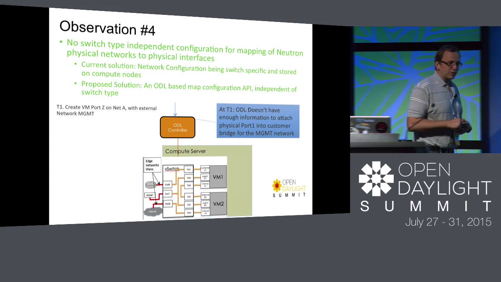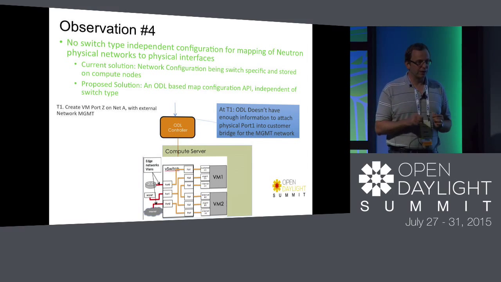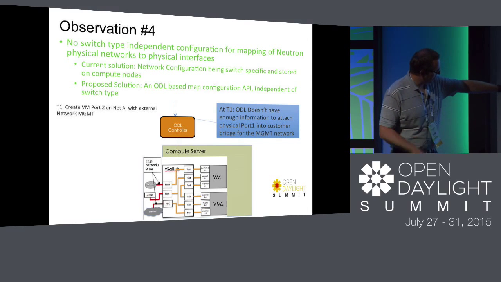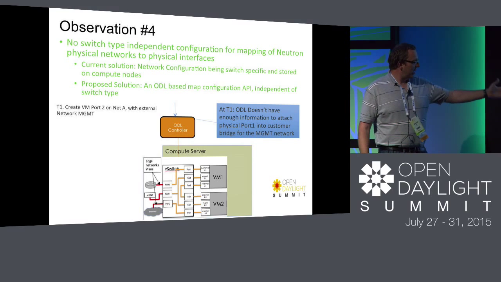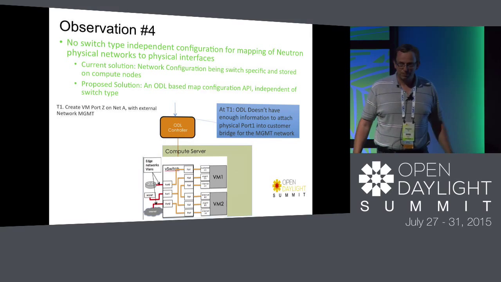And provider networks need to be attached or told on which physical ports on the device they actually belong to. So it's those red lines down there, and I've got, let's say, a management network, provider network, and it's intended to operate on Ethernet 1 or port 1.